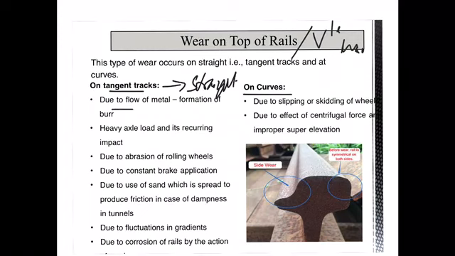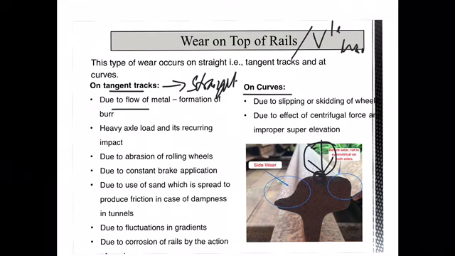The first reason is due to the flow of metal. So why will the metal flow? Because here a heavy wheel load is acting on a very small concentrated area. You know that all the rails will carry very heavy loads. All those loads will be transferred through a small area, as you might have seen with the wheels. The contact area between the wheel and the rail section is very small.